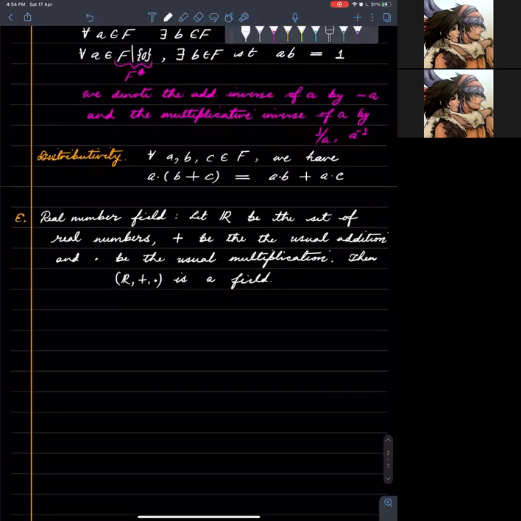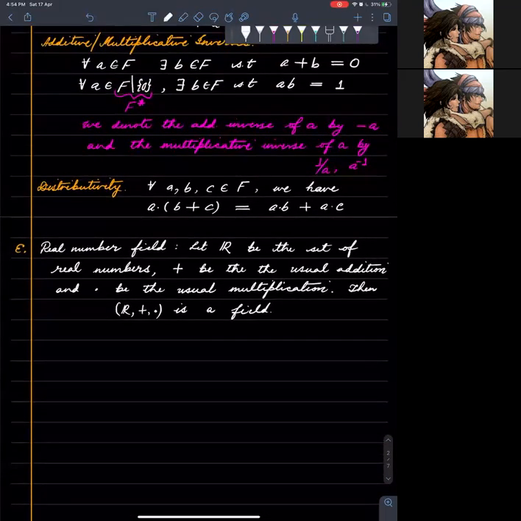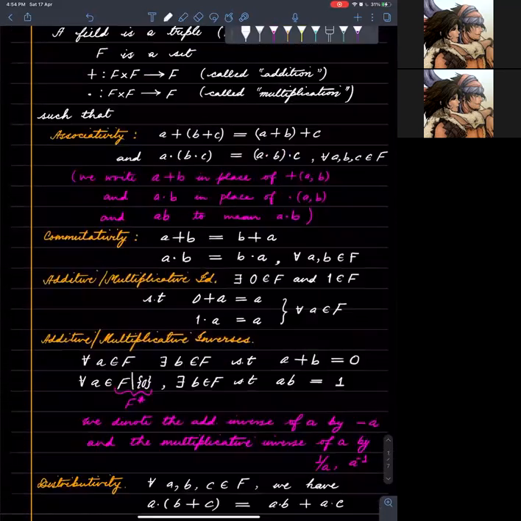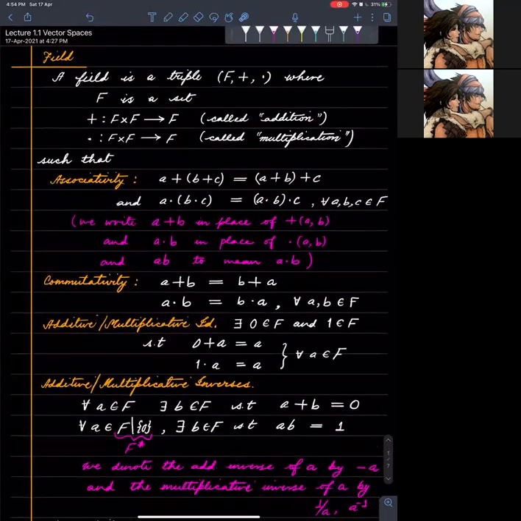And a lot of the times, in fact almost all the time, when we say that, we have defined a field as a triple, but we'll abuse this just by calling F a field, even though F is just a component in this triple. By abuse of language, we'll just call F a field.